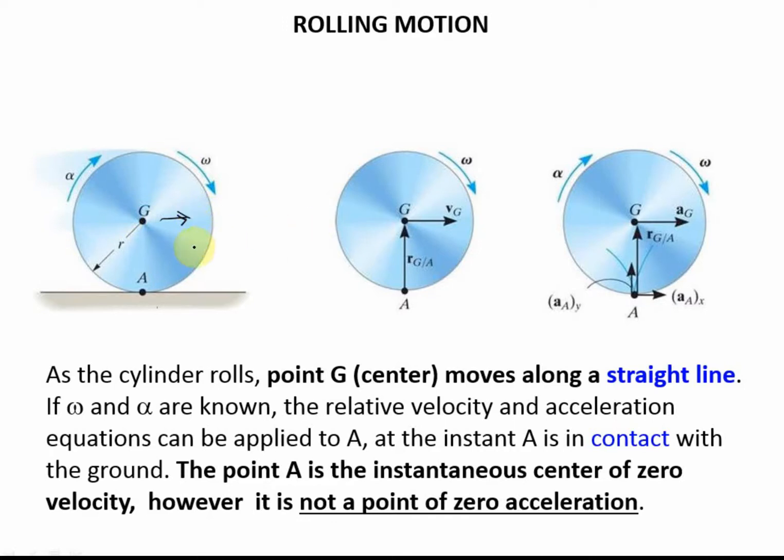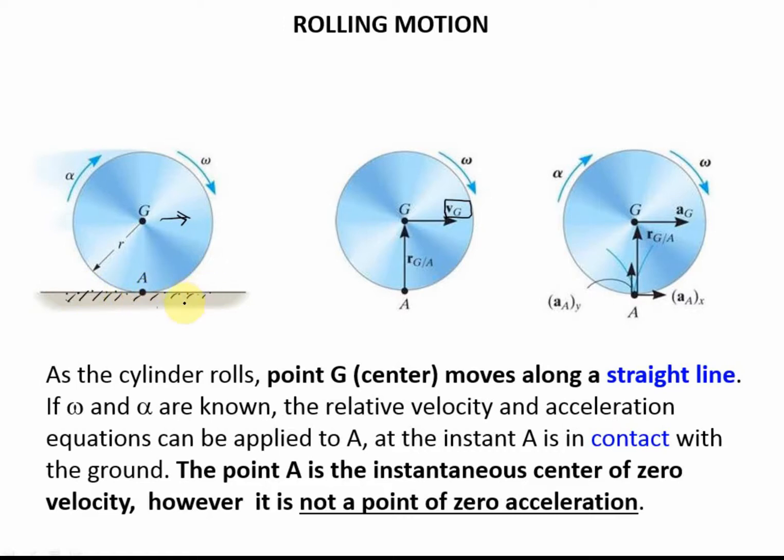Because this is a circle, the center moves to the right with a certain velocity Vg. This is the center of mass, so we call it Vg. And the ground doesn't move, right? That means every point on the surface has zero velocity.